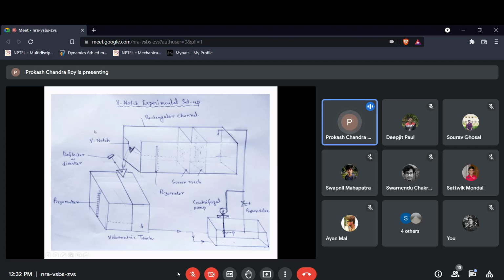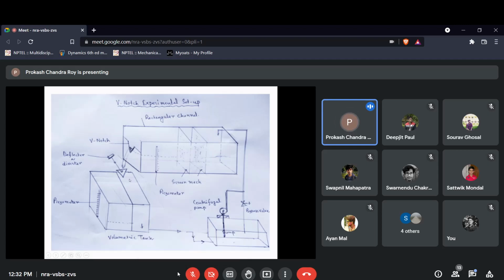Here there will be a piezometer, which will give you the location of the free surface. Okay, so this is the notch, placed at the side of the channel. The water will pass through this notch and come to the tank, which is called the volumetric tank. In the volumetric tank there are two chambers.